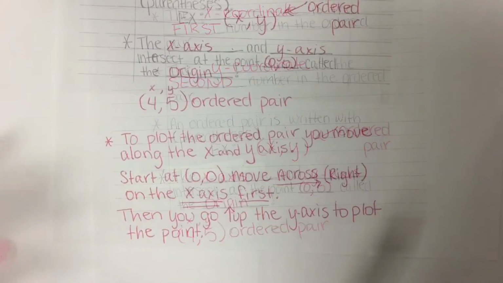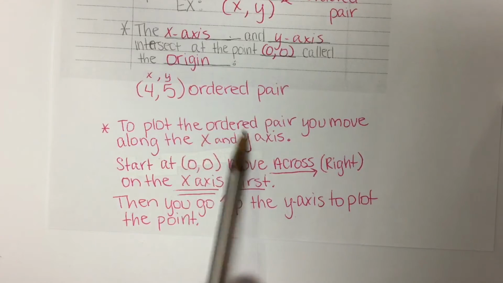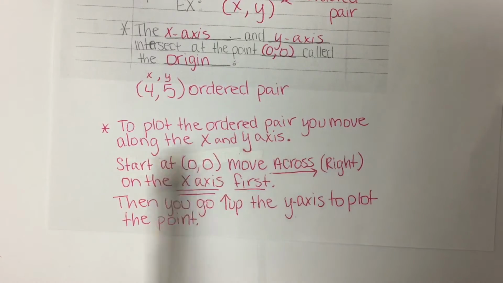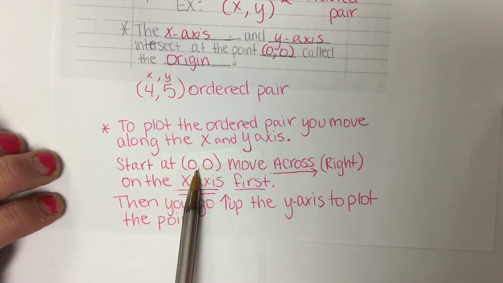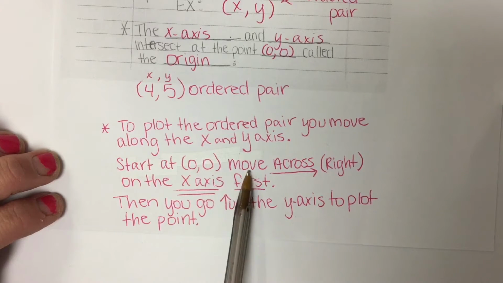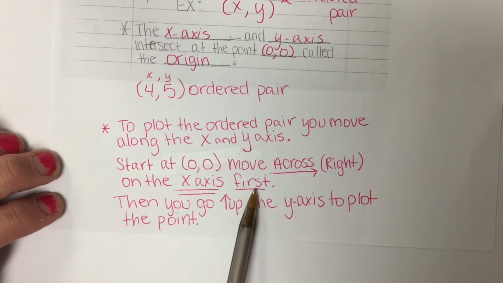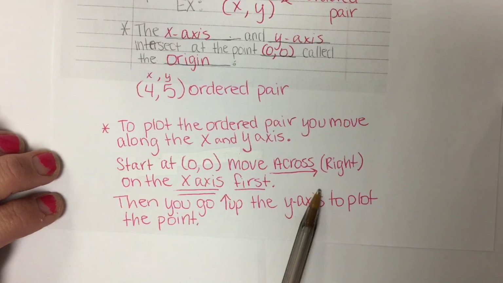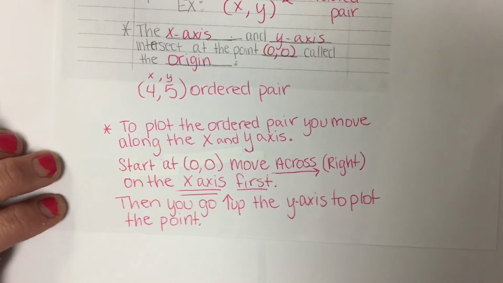To plot the ordered pair (4, 5), you move along the x and y axis. You start at (0, 0), which is the origin, and move across to the right on the x-axis first. So you go over first, then you go up the y-axis to plot the point.